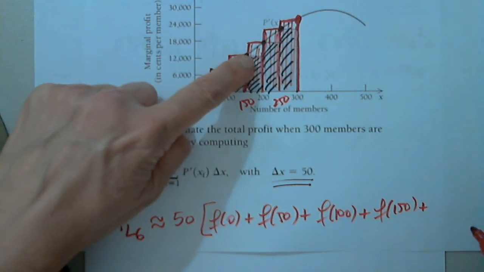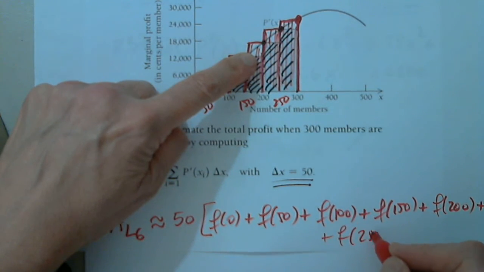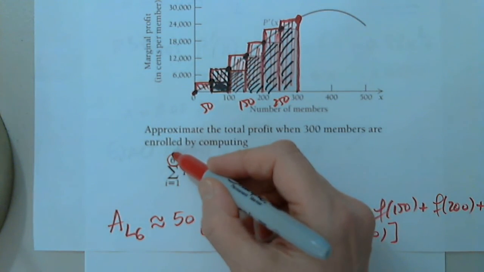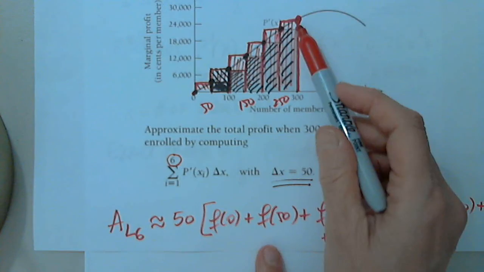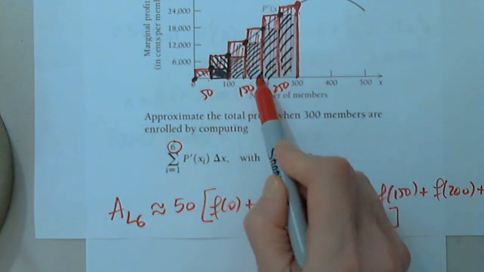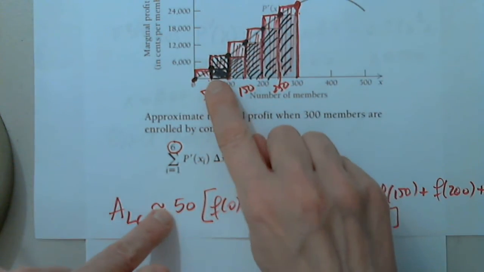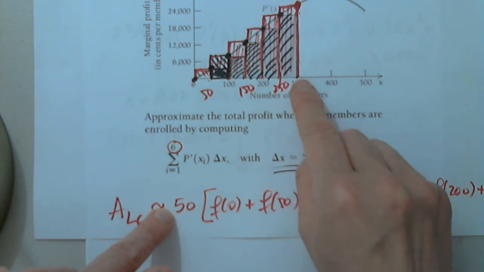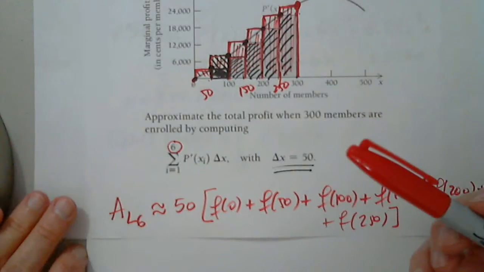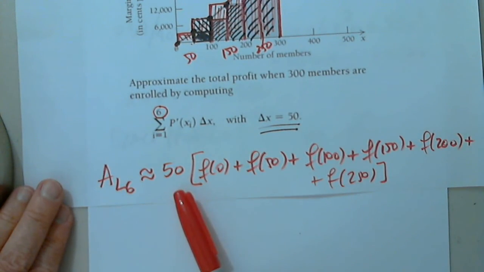Plus f of 200 and plus f of 250. So remember, I have to have 6. If you go to the last one, then that's wrong. So 1, 2, 3, 4, 5, 6. If I want the right one, 1, 2, 3, 4, 5, 6. So now in the given function, I have to plug these values in and multiply by 50.